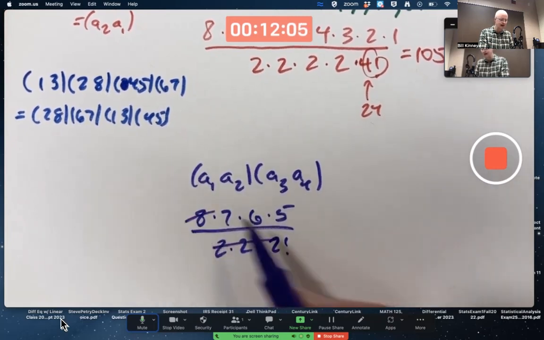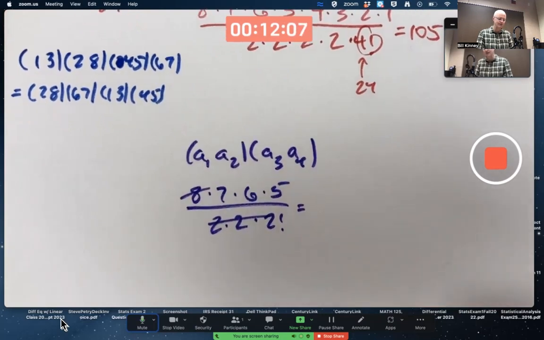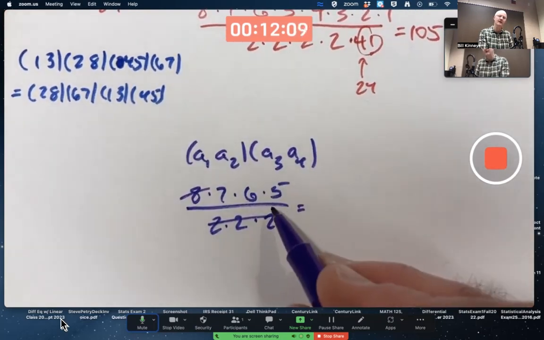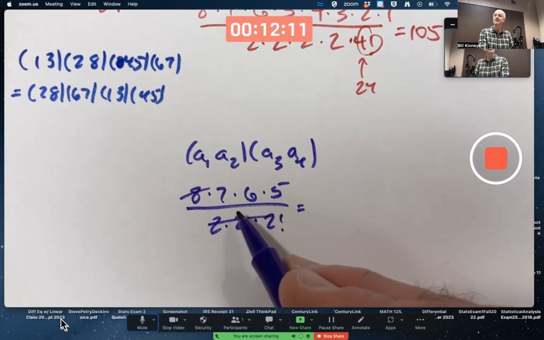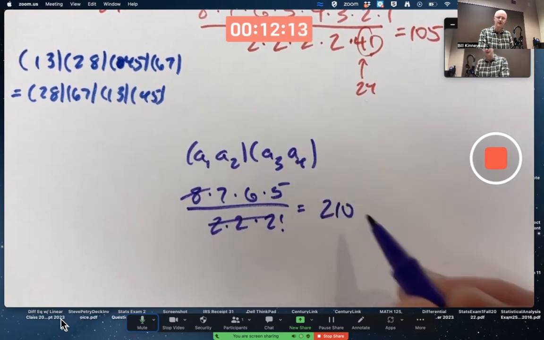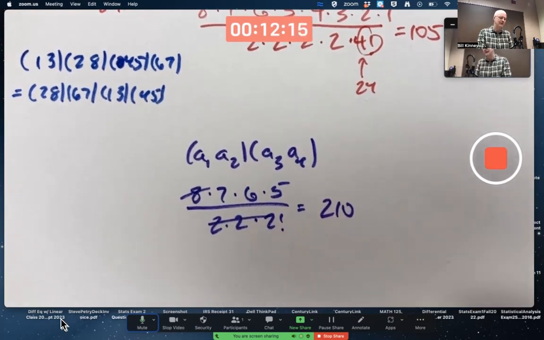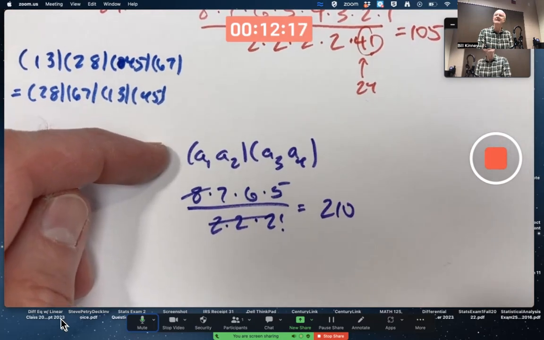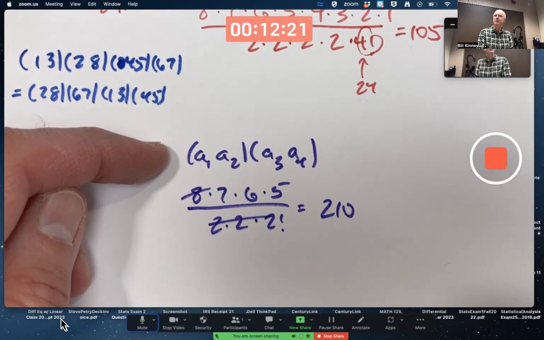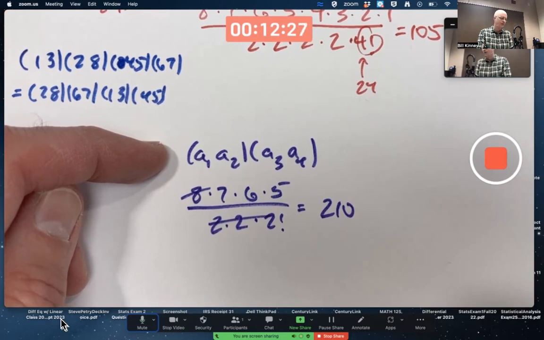Those cancel with the 8. The answer ends up being 7 times 6 times 5. Can I do that in my head? 6 times 5 is 30 times 7 is 210. There's 210 permutations in A8 that can be written in this form as a product of 2 disjoint 2 cycles. They would have order 2 as well.